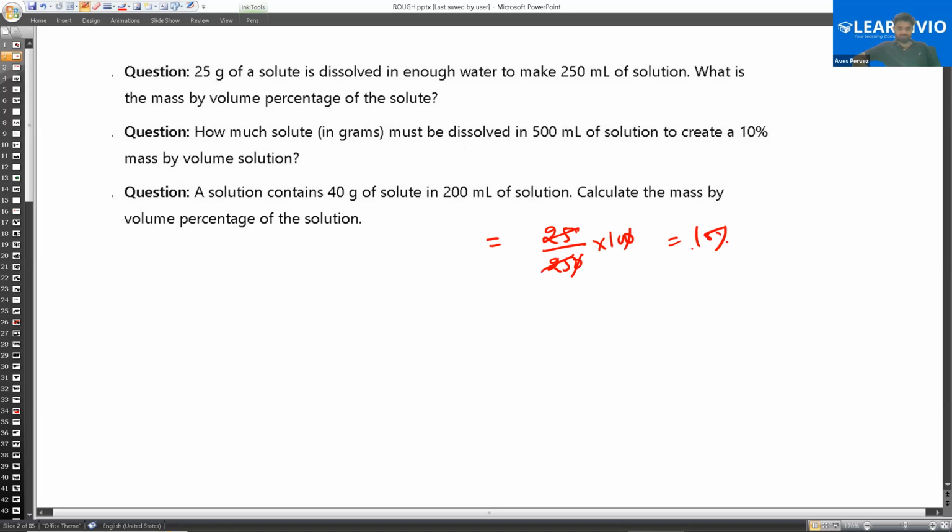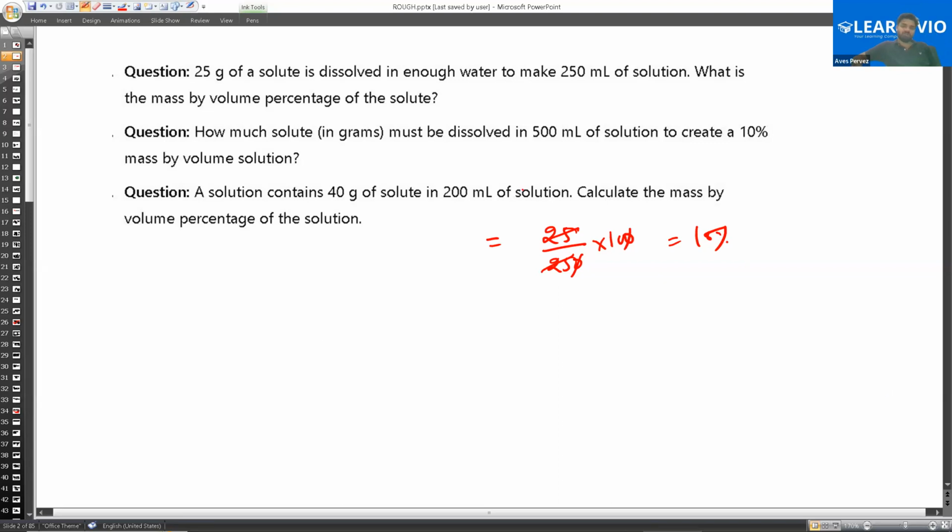Next. Done the first one? The second one is 50 grams.